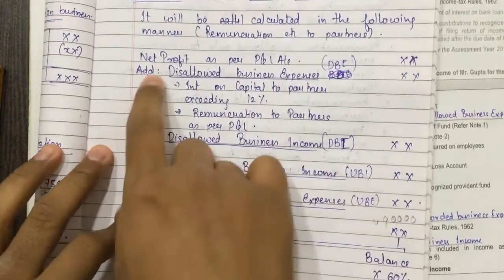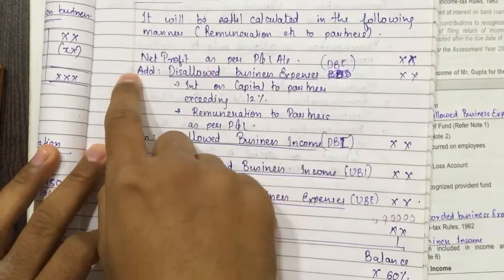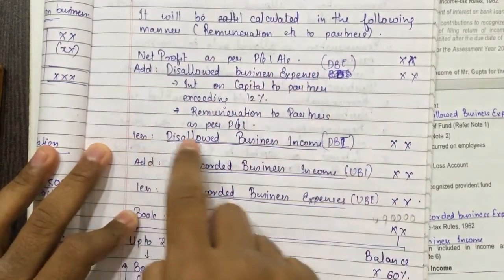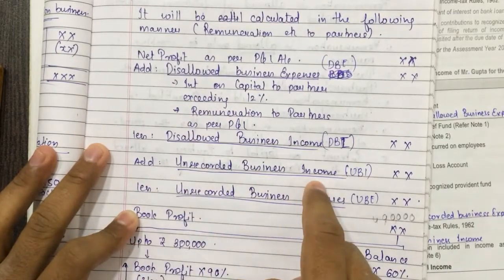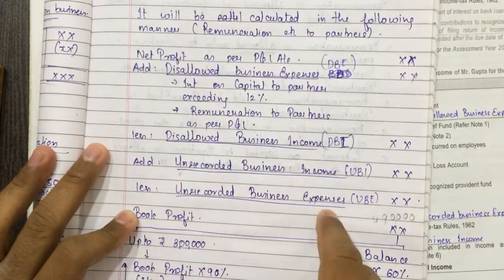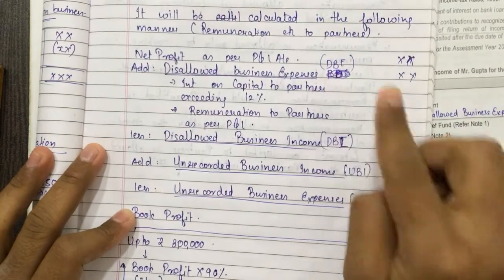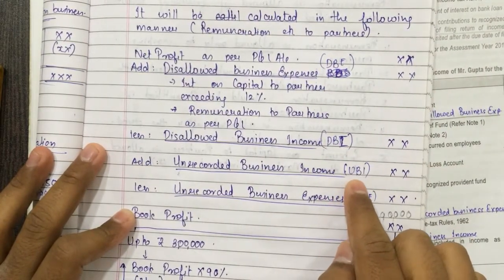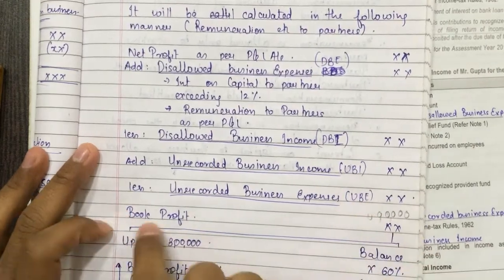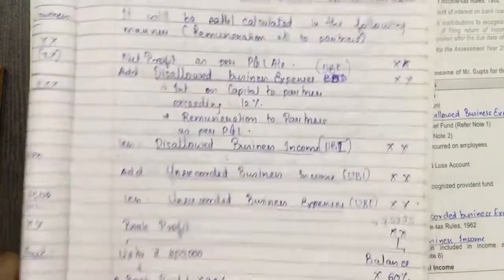Net profit as per P&L account, add disallowed business expenses, less disallowed business income. Please don't write this part. Add unrecorded business income, less unrecorded business expenses, and please write DBE, DBI, unrecorded business income UBI, UBE, and finally the book profit. Okay.